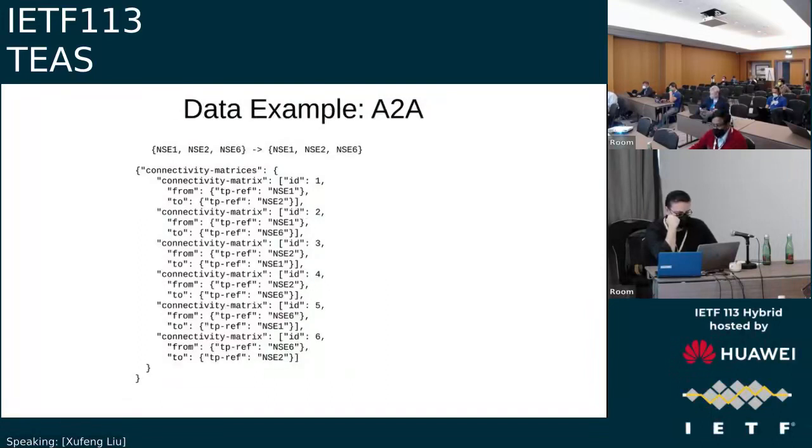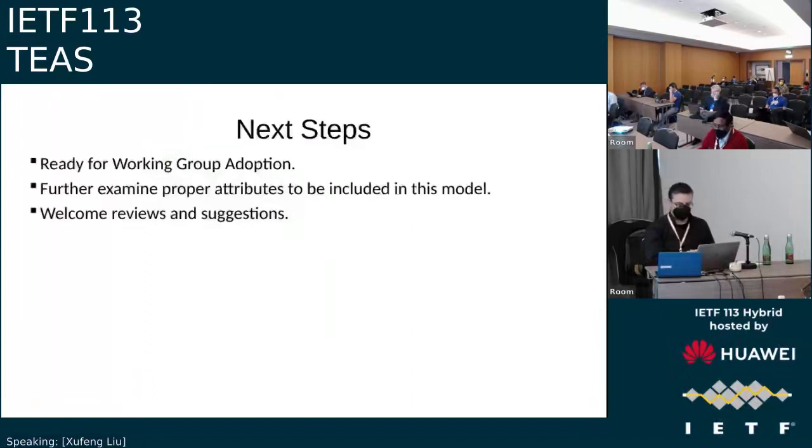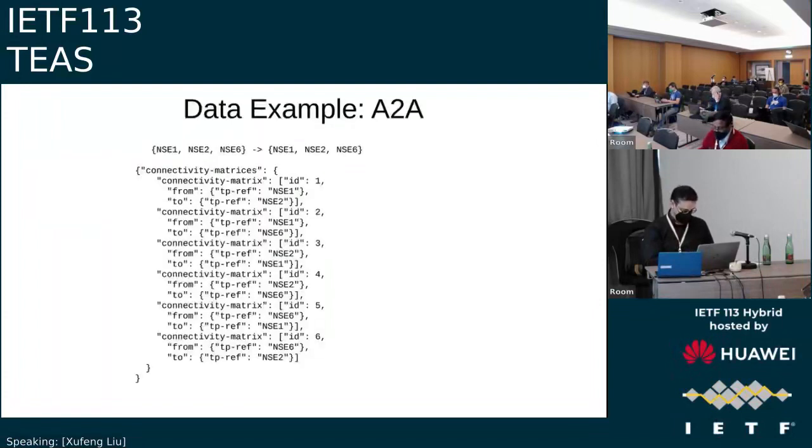Then the 8-way is already supported. We don't need to mention it here. So with this, we'll be able to handle every type required by the network slicing document.